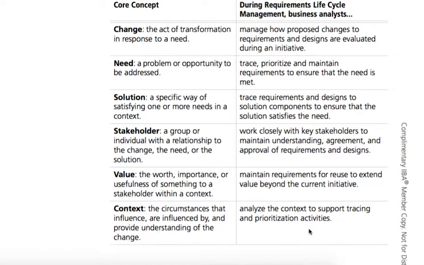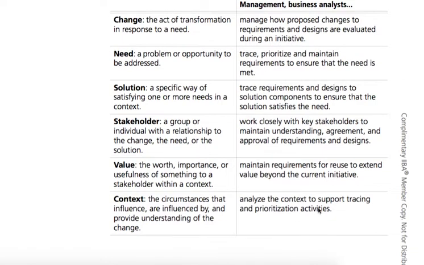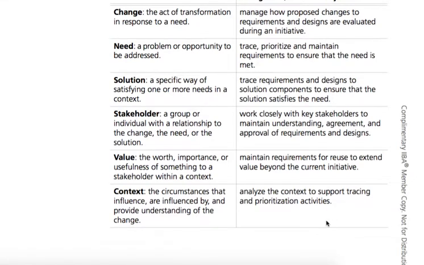In terms of the context, analyze the context to support tracing and prioritization activities. This is again a key point. Depending on the task, and depending on the particular goal or objective, we can support requirement tracing, so that a requirement can be traced and connected with other requirements.